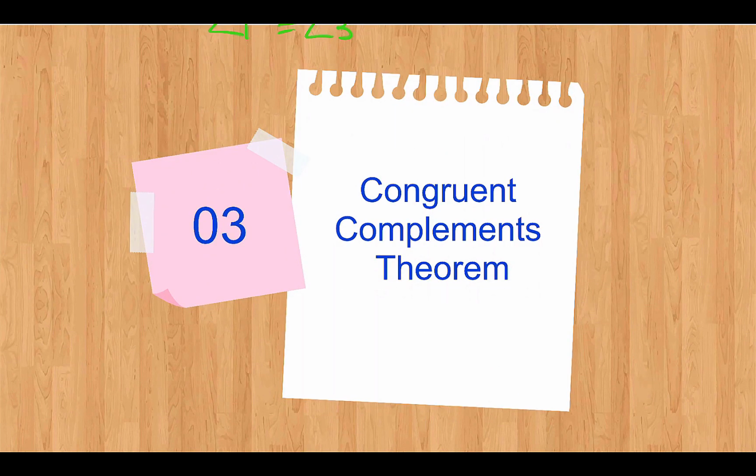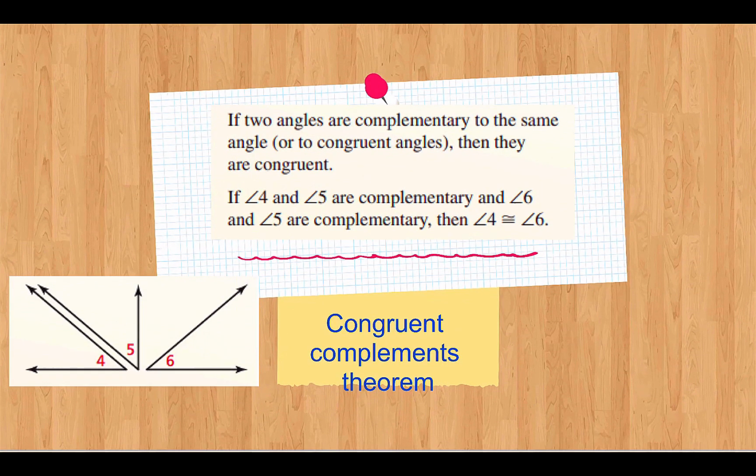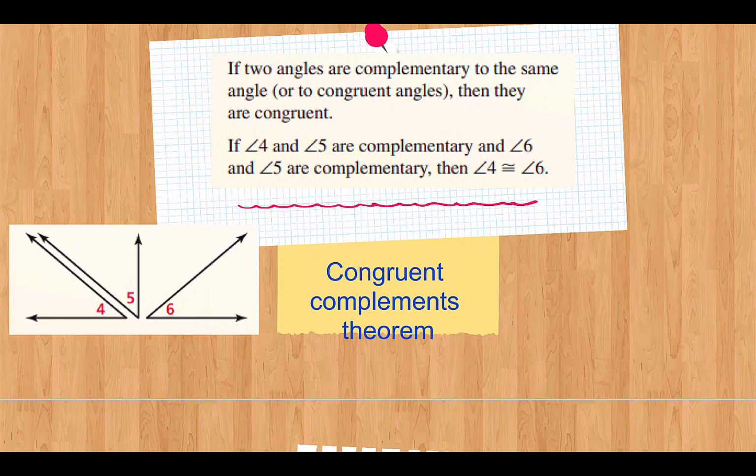The congruent complements theorem is the exact same. What that is saying is, if we have two angles that are complementary to each other, so they add up to 90 degrees, then if they are congruent to the same angle, then they are congruent to each other.